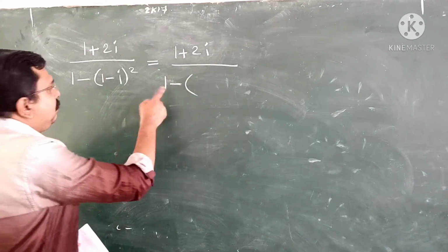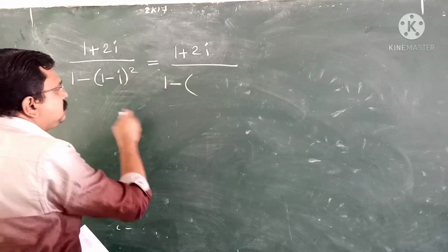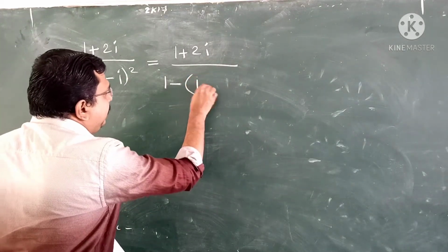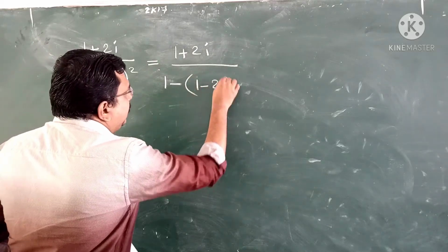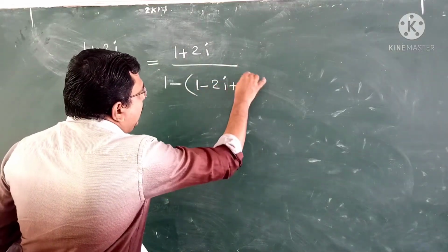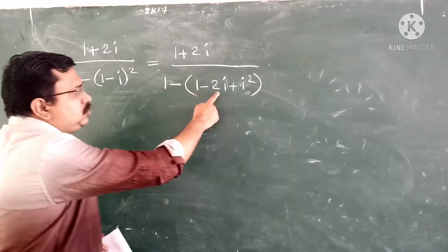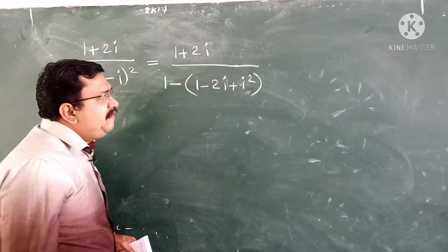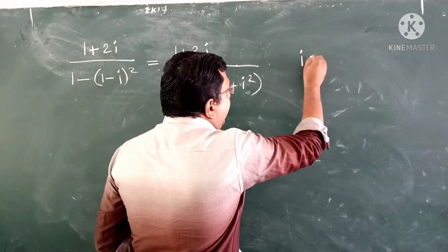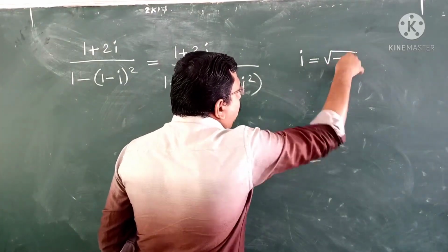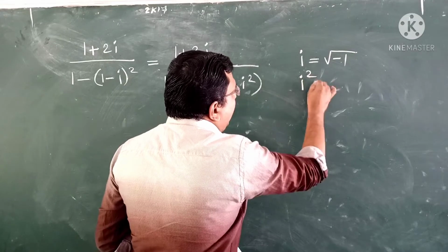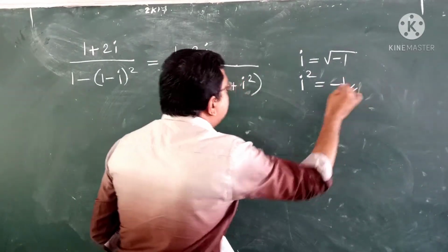That is, (1 minus i) the whole square is 1 square minus 2i plus i square. What is i square? We know that i equal to root minus 1. Therefore, i square equal to minus 1.